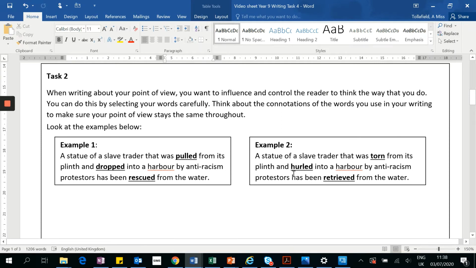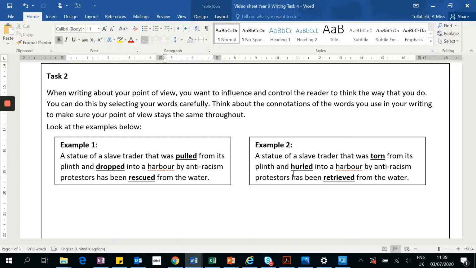Next then, we're going to look at how to make our language more effective. We know that language is a powerful tool. It can be used to control and influence and manipulate people to do things and think things that they hadn't thought of before. The media are experts at using language to control us.